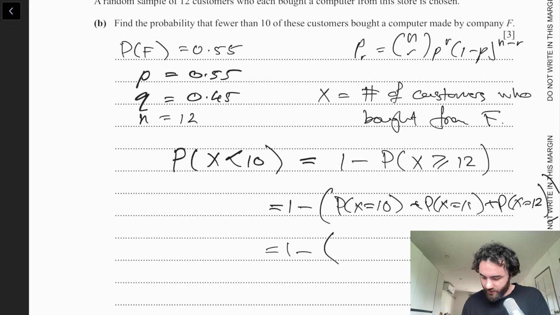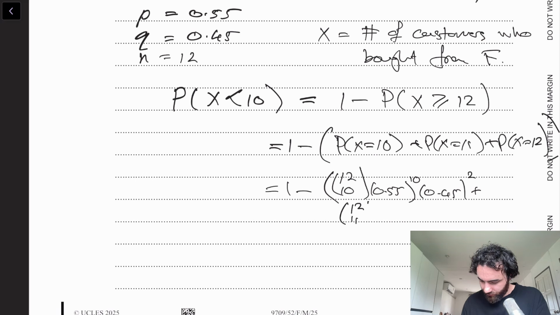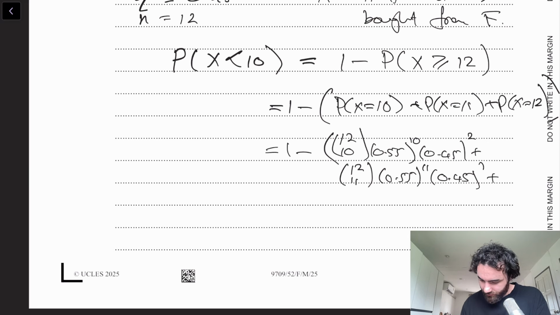Okay, and that would be 1 minus, what is this? So 10. So we have 12 choose 10. The probability here is 0.55 to the R, which is 10 successes, times failure, which is 0.45 squared. Let me just basically iterate through this. 12 choose 11, 0.55 to the 11, 0.45 to the 1, plus 12 choose 12, 0.55 to the 12 times 0.45 to the 0, which is just 1.